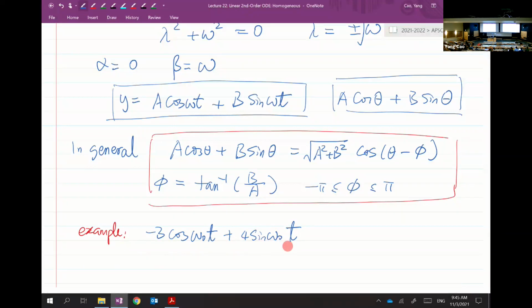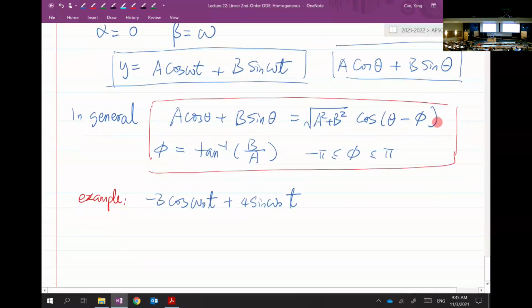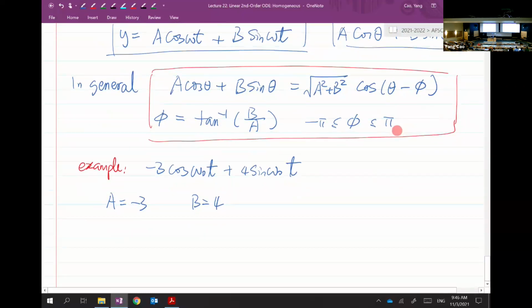So what do I do? Write it down like this: first, a equals -3 and b is 4. Then label the location of a and b. So a is -3 here, and b is 4 here.